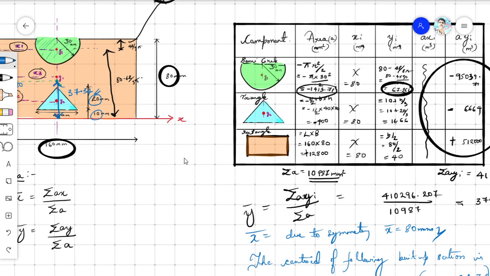It will depend upon the concepts. Over here, the concept lies in this negative value. If you understood this, everything will be easy. So with this numerical, I will be winding up the numericals for centroid. Next we'll see the moment of inertia.